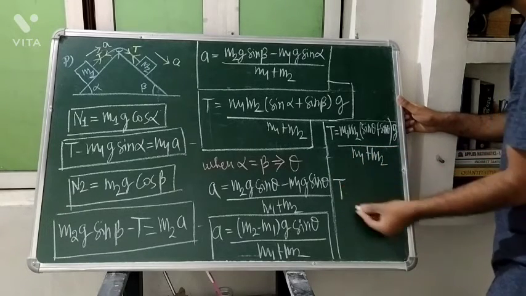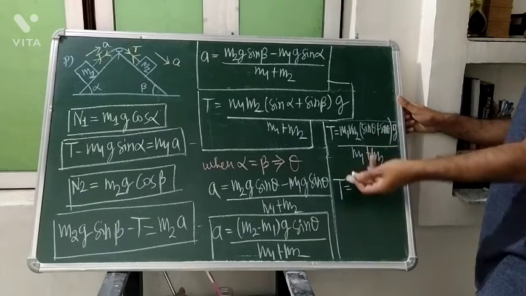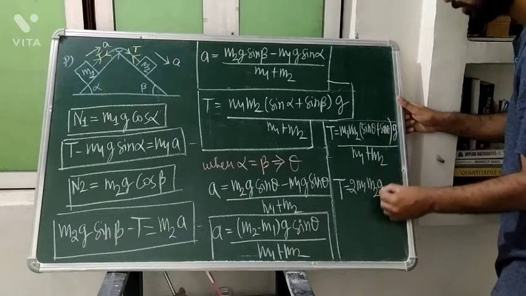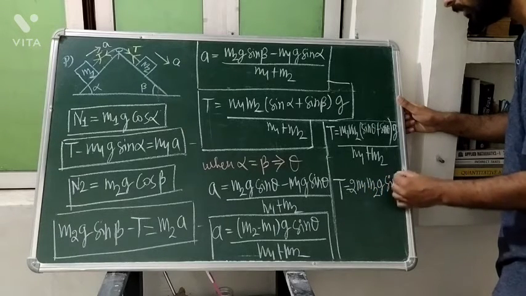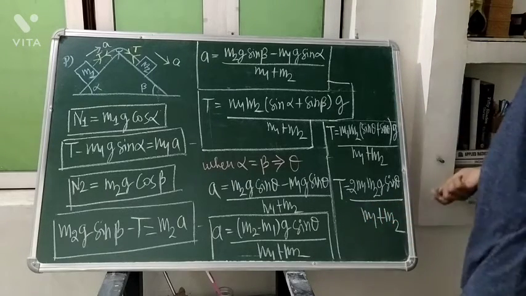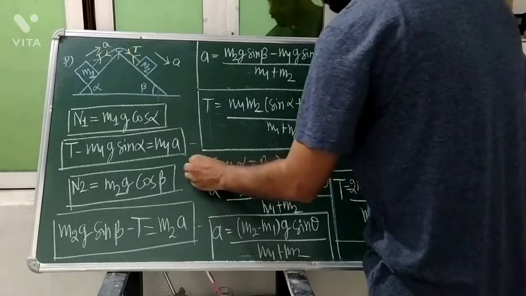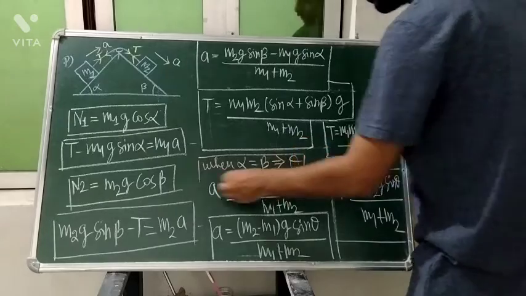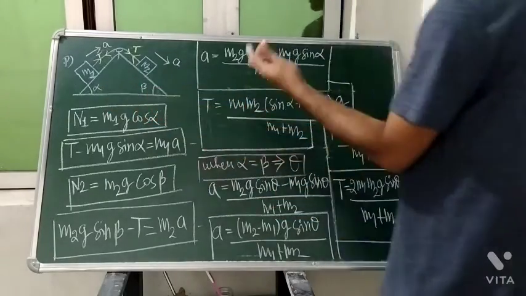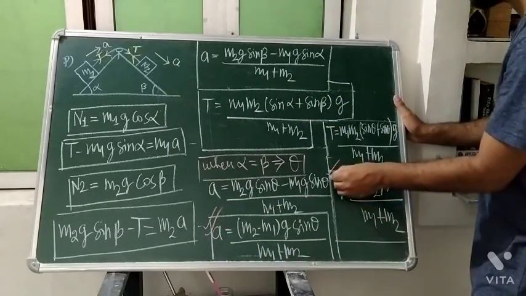The meaning is that the tension will come out as sin theta plus sin theta, which becomes twice of m1 m2 g sin theta divided by m1 plus m2. When alpha is equal to beta, at the same inclination, the expressions of acceleration and tension will become this.